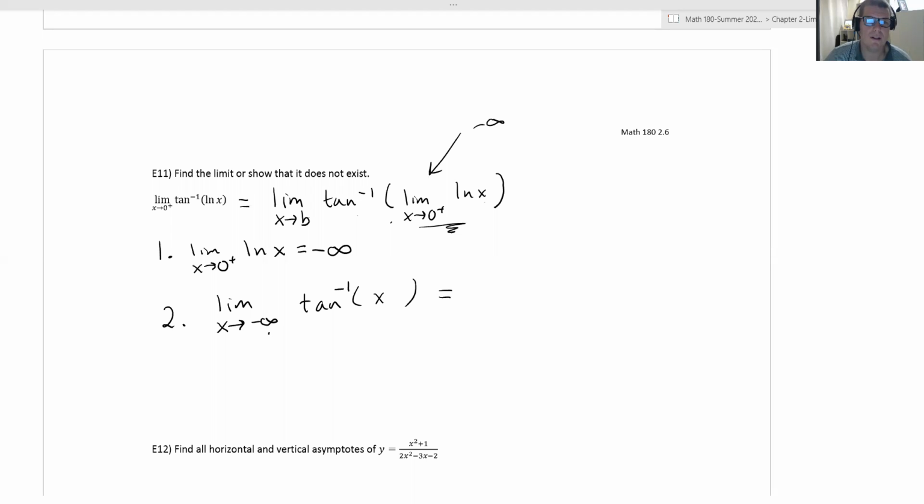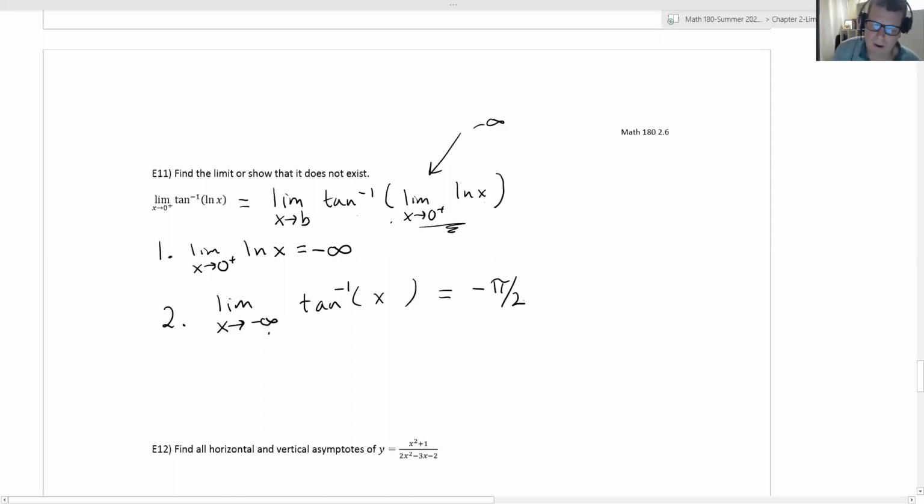You have a horizontal asymptote at negative pi over 2 for tan inverse, and positive pi over 2 for the limit as x approaches infinity. Trig made you guys take that, right? So this thing here ends up equaling negative pi over 2.